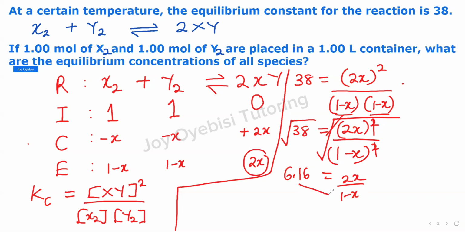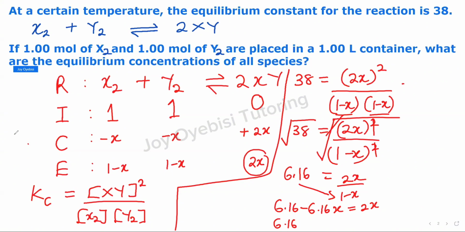Now cross multiply. 6.16 times 1 gives us exactly the same. 6.16 times negative x gives me this. And then on this side, you have 2x. So you bring the like terms together, take the negative 6.16x to the right-hand side, that becomes positive, or you can simply add 6.16x to both sides.